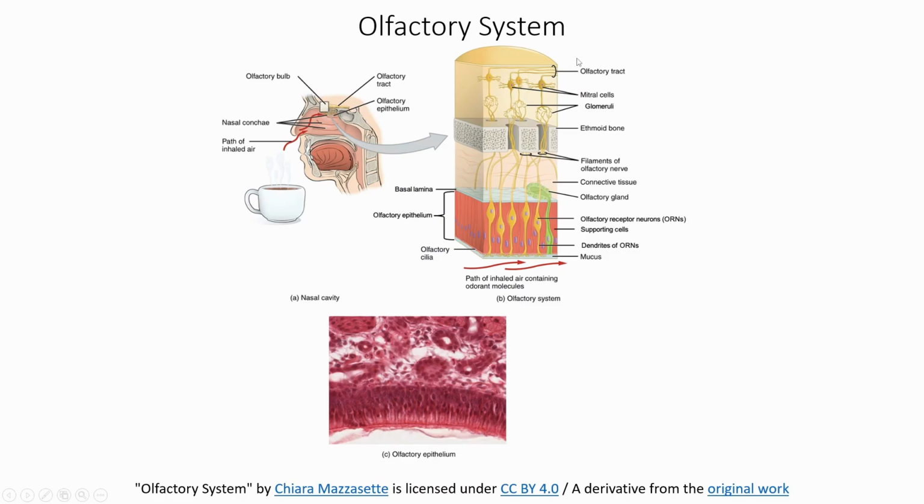Here we see it's coming through little openings in the ethmoid bone, in that cribriform plate, branching down through the basal lamina, through the olfactory epithelium, on the inside of that nasal cavity. And we see these olfactory receptor neurons have little tendrils coming out, mixed in with that olfactory epithelium.